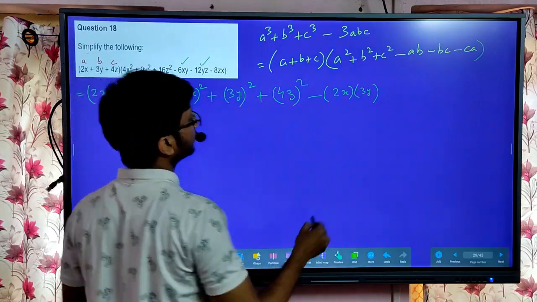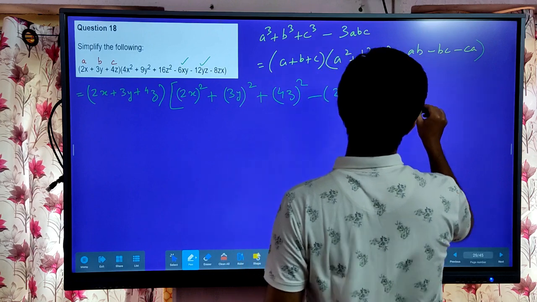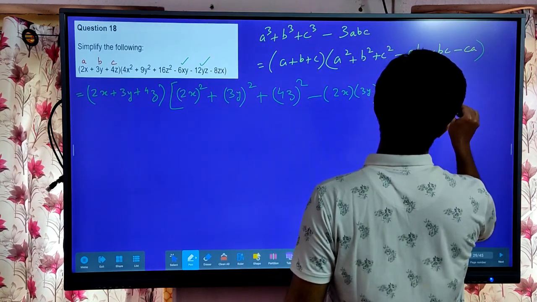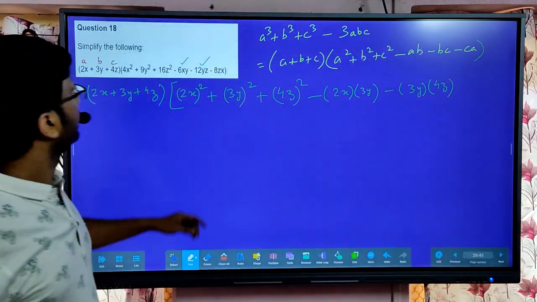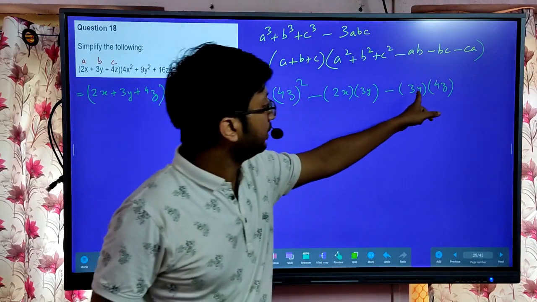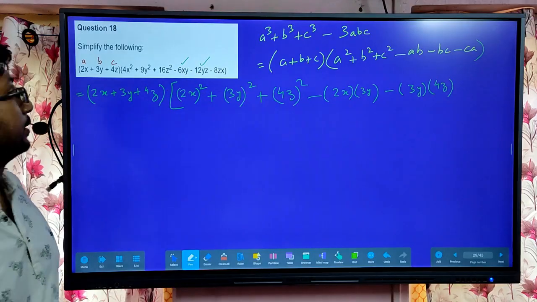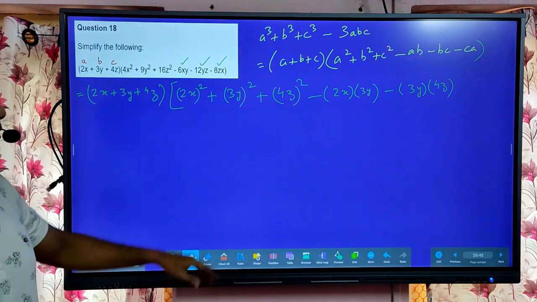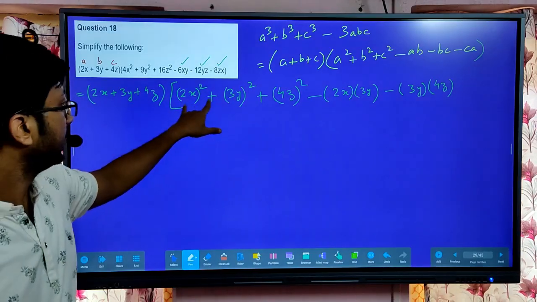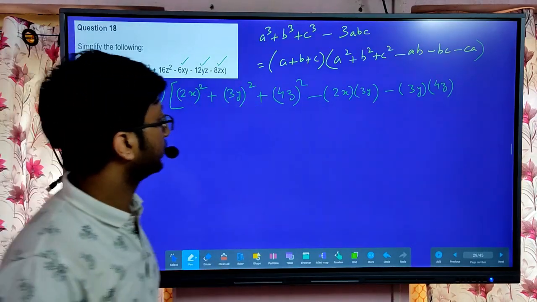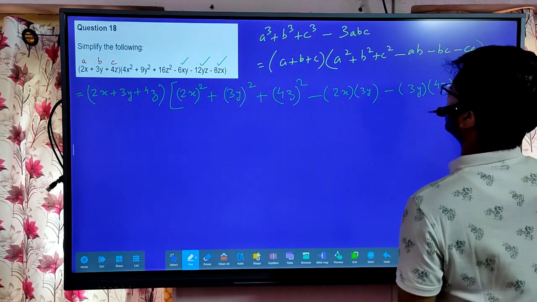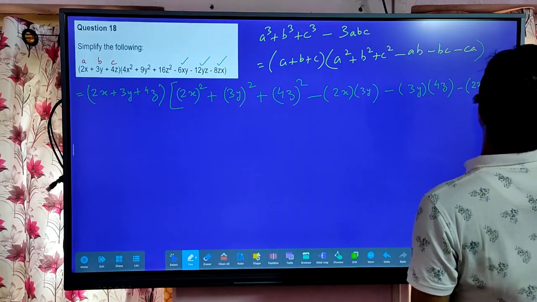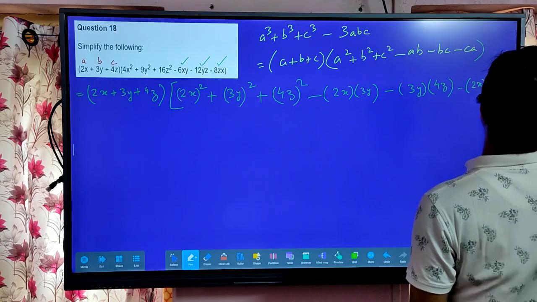So let me check this. Minus 3y into 4z. You see, 4 threes are 12yz. So 12yz is done. Now let me check this, 8zx. So it is the ca term. Ca means 2x and 4z. So minus 2x into 4z.